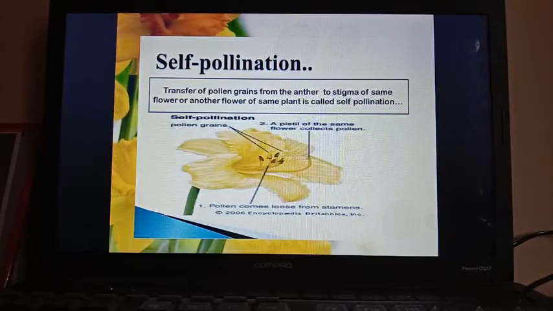Pollen will be confined to the same plant. It will not move from one plant to another plant. The plant will be the same. This is the main point of this definition: within the same plant, pollen will be transferred.